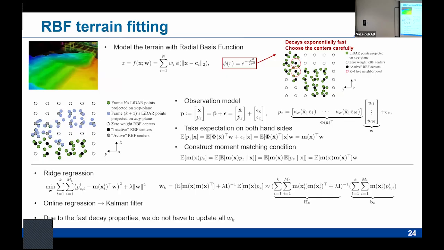So then you can write this W hat k, your estimate of W, using this. Note that it's a summation over time and a summation over the kernels. If you have the summation over time, you can do it online, with online regression, which means you can write it as a Kalman filter type of thing. And due to the fast decay properties, you don't have to update all the W_k.